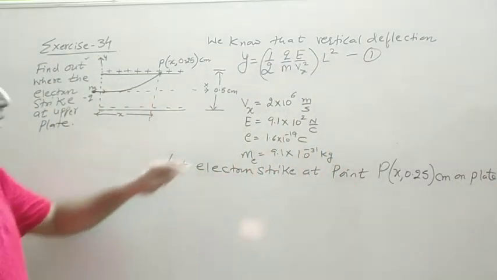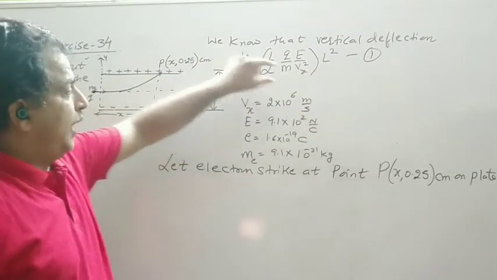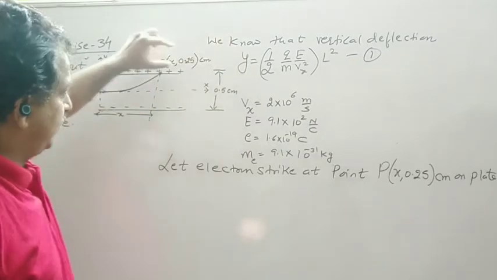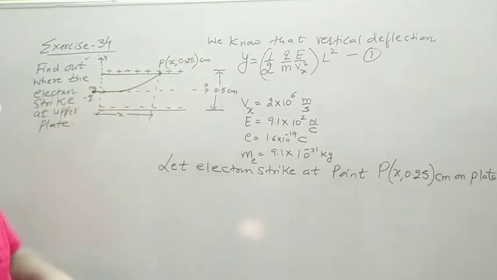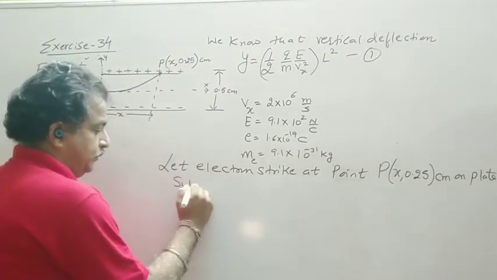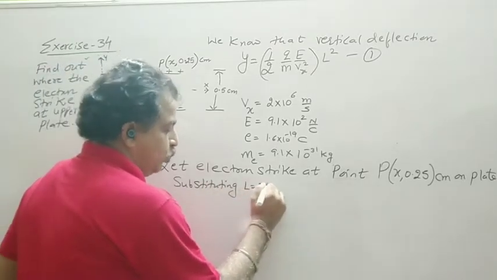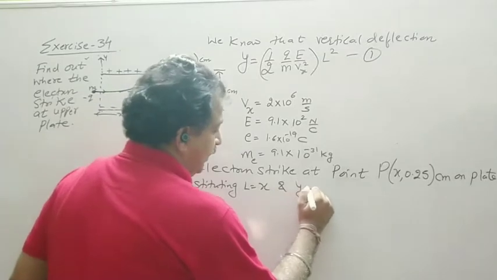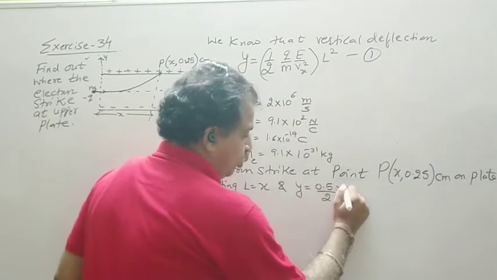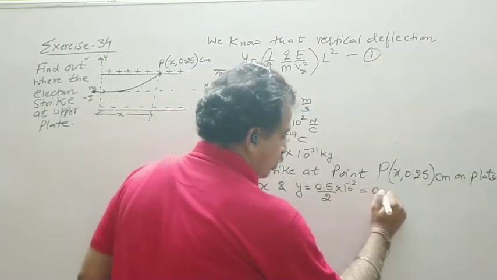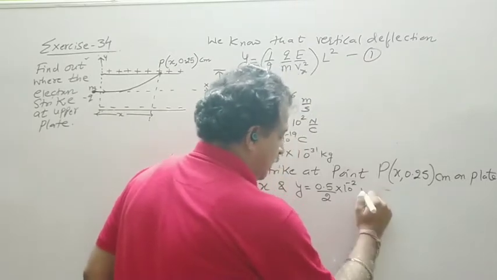So clearly in the place of L we will be writing x, and in the place of y, the vertical deflection, this is the y, that is half of the plate distance. So substituting L is equal to x and y is equal to 0.5 divided by 2 into 10 raised to minus 2, let us take this in meter.